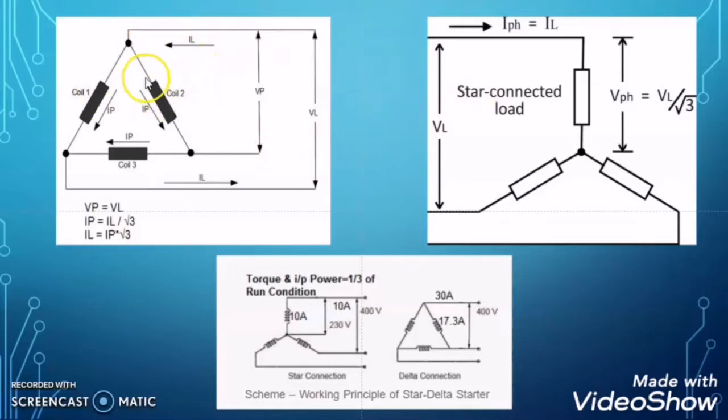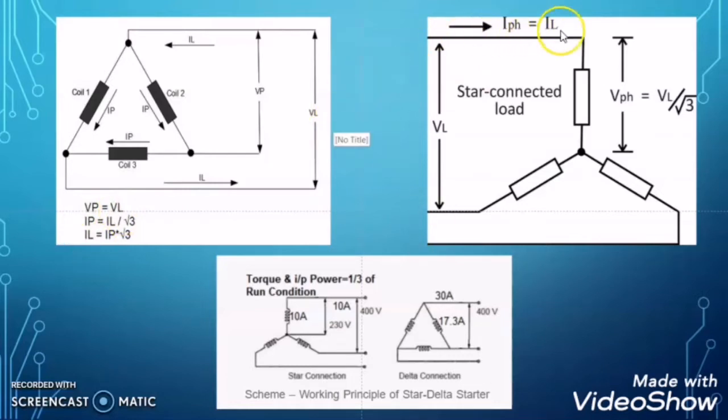As you see, for the delta, the line current and phase current are not the same, because line current is divided into two coil currents. So the line current and the coil or phase current are not the same in the delta. The relation is that the line current is √3 times the phase current. But you can see here in delta, the line voltage and the phase voltage are the same.